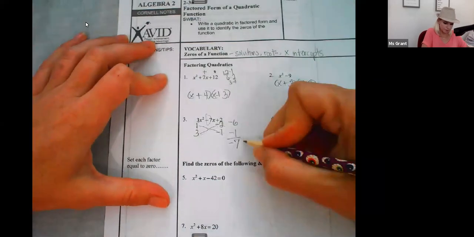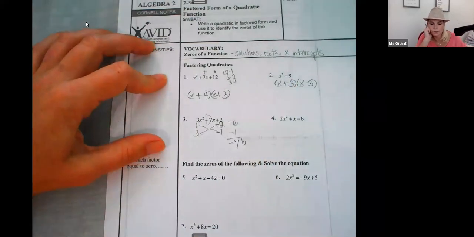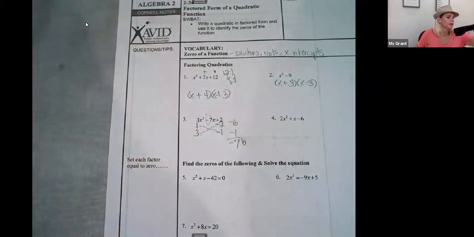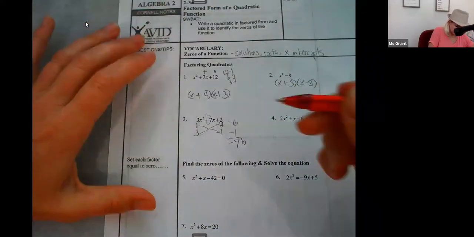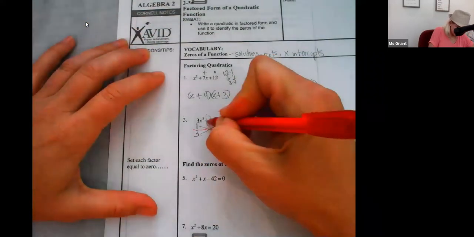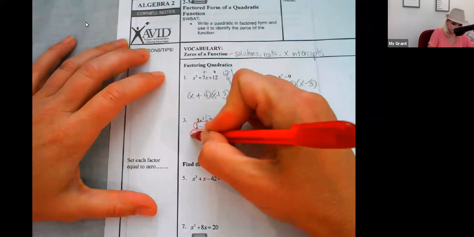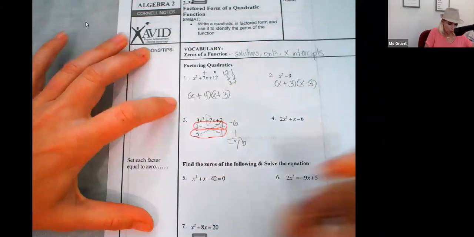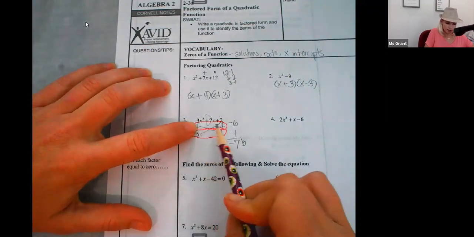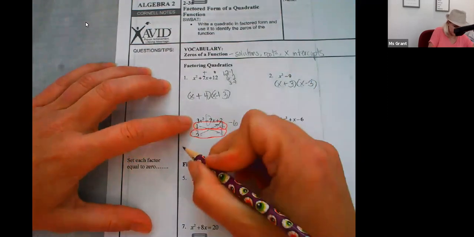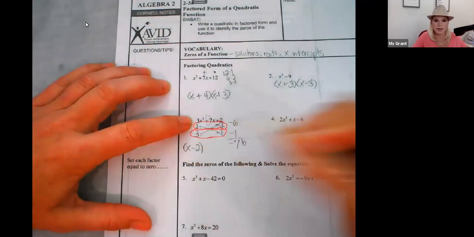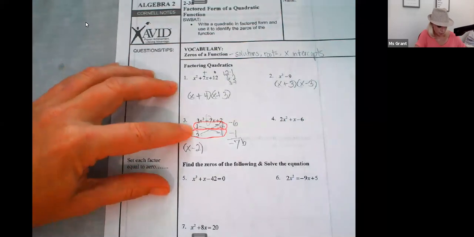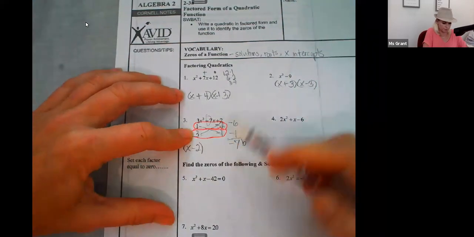That's my B, right? Then these two are my parentheses, and these are my parentheses. 1x minus 2, which we know is x minus 2. 1x minus 2, x minus 2. 3x minus 1.